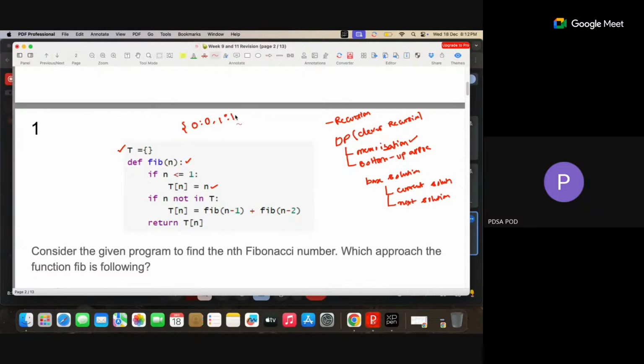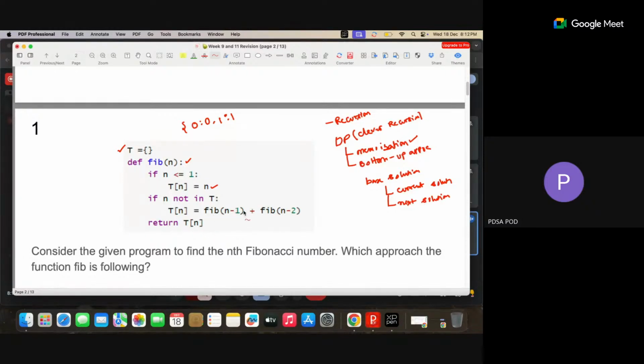Fine. Next, whenever an n value more than 1 is there, this if condition is not satisfied, and the else part is executed. So if n is not in t, that means it is not available, so we call the previous two values. The current Fibonacci we get as the sum of the previous two Fibonacci numbers.